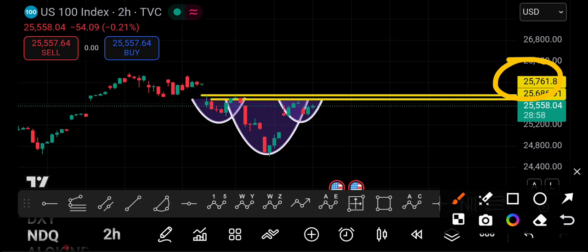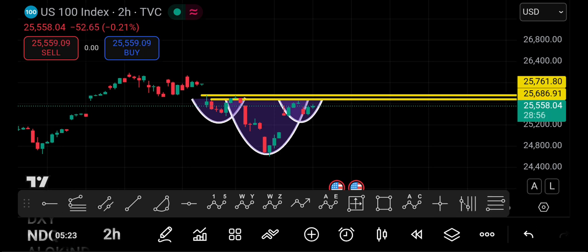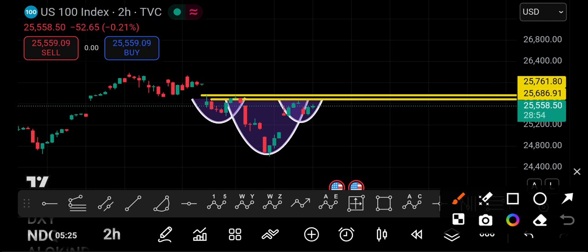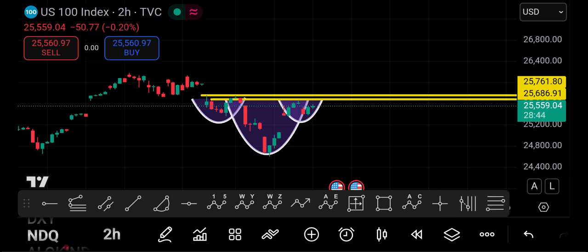The moment it breaks this neckline, my dear friends, don't do any blind trading. You have to wait for this neckline to get triggered on the upper side, and then we will see a big upside move.